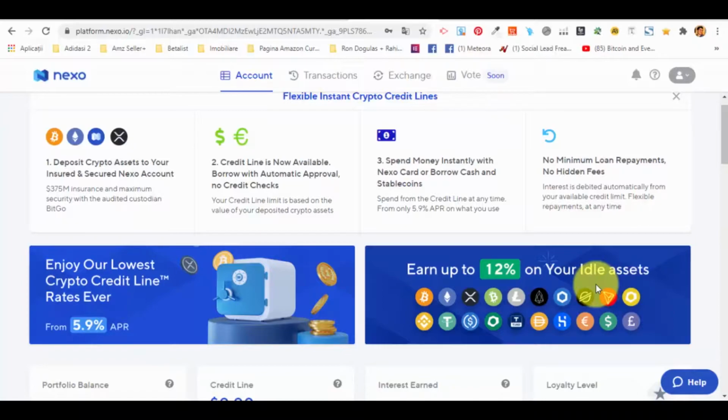So this one should be good to go as well. They also sometimes offer attractive promotions for lending cryptocurrency and earning on the cryptocurrency that you don't use by lending it. You can see that you earn up to 12%.